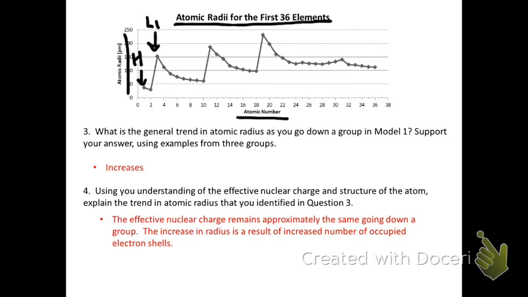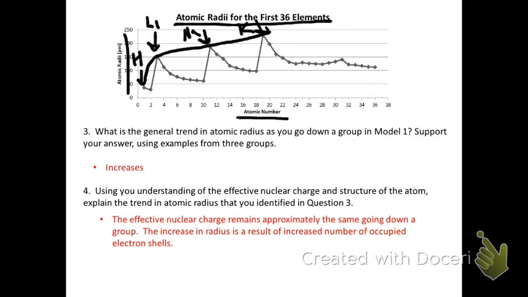So we're essentially looking at group 1. As we go down group 1, there seems to be a general increase in the atomic radii. This is sodium, and then right here is potassium. So as we're going down group 1, there is a definite increase in the atomic radii.